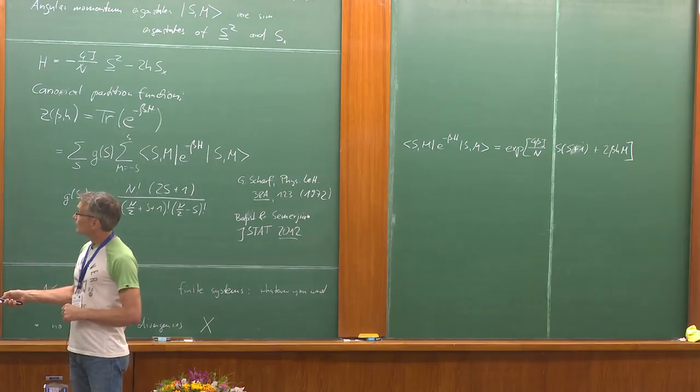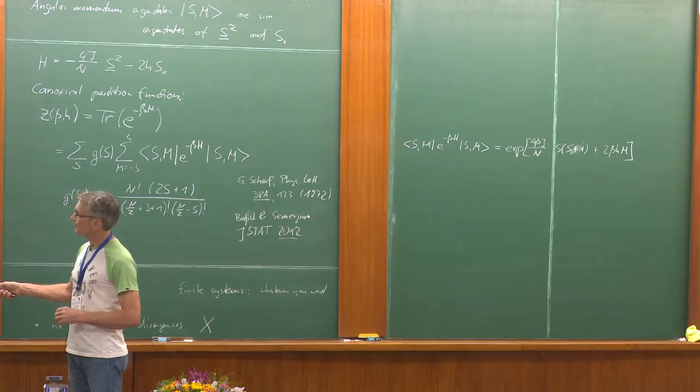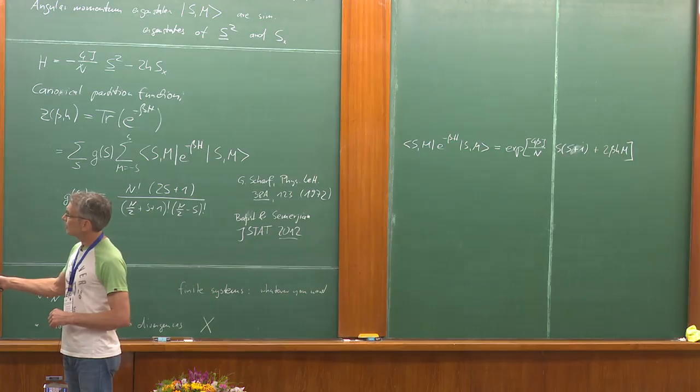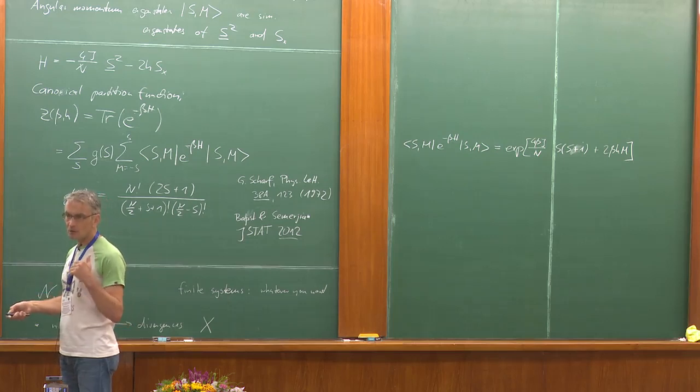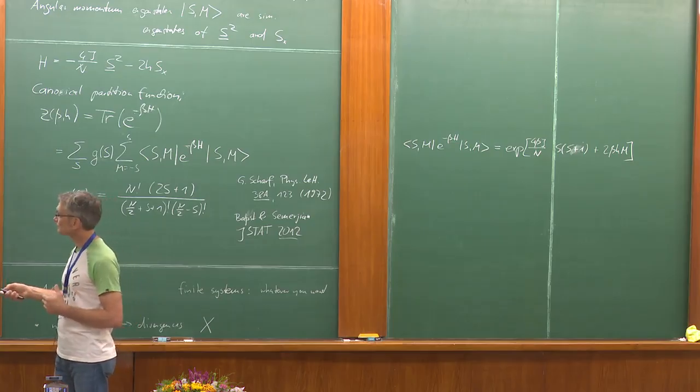So I'm going to do Stirling approximation, and there are a few terms where I can essentially already read off that they are not going to survive the thermodynamic limit. Just a simple example: this one here in the logarithm will be something that is linear in N. I take a logarithm and divide by N here, so it will not be a contribution that survives in the thermodynamic limit.